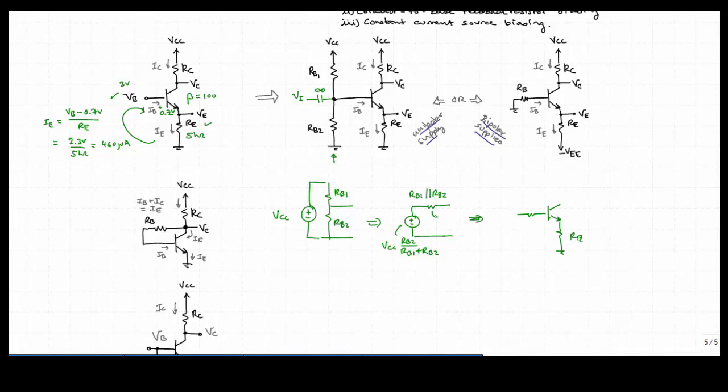We'll call this RBB, and we'll call this voltage here VBB.